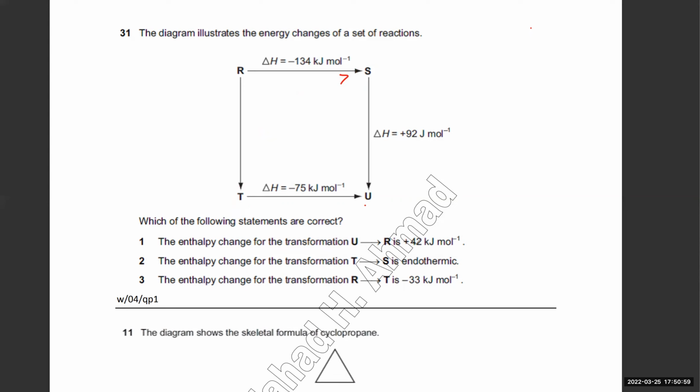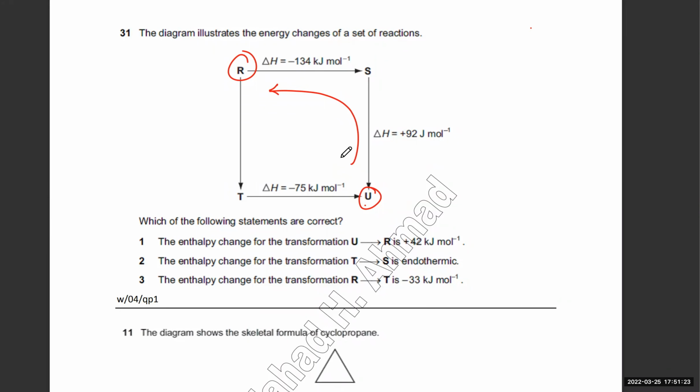Yes, sir. So in this question, what is the enthalpy change U to R? You start at U and you're going to R. There are two paths. One of them goes in this direction. You can't take the other one because you don't know what the enthalpy change over here is.